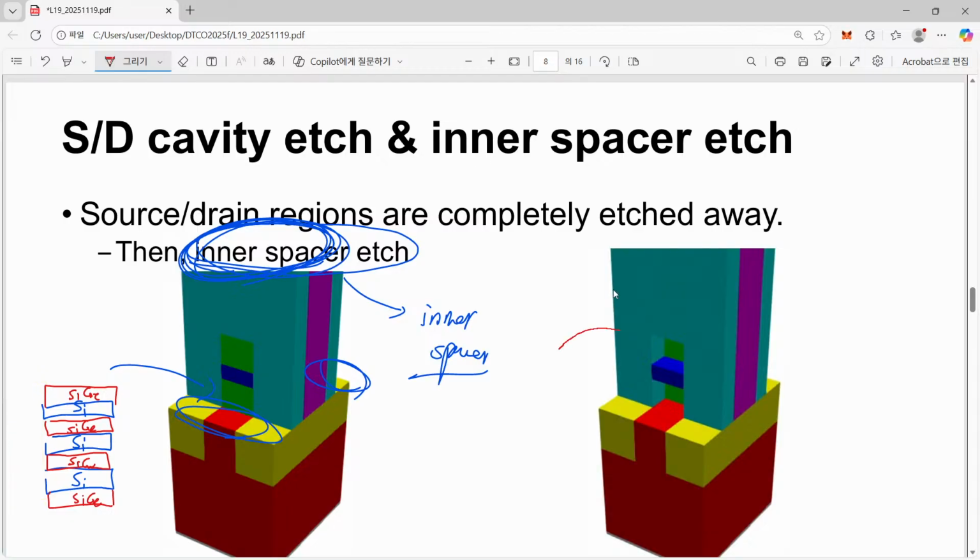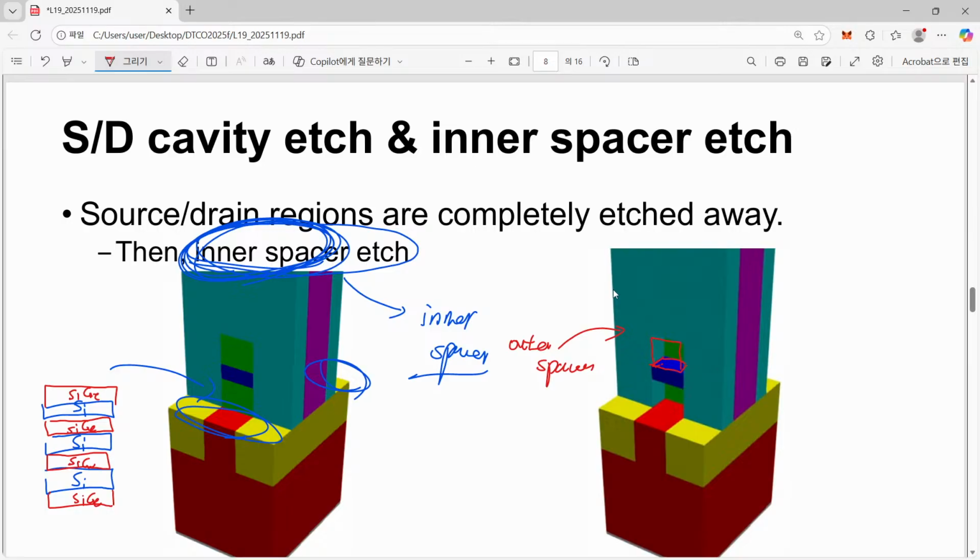This one is the spacer, however this one is called the outer spacer. If we do not make the inner spacer formation, can you see clearly here?